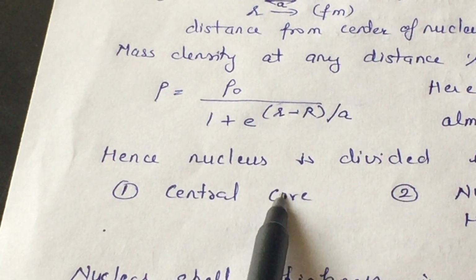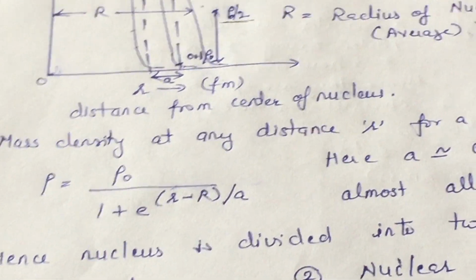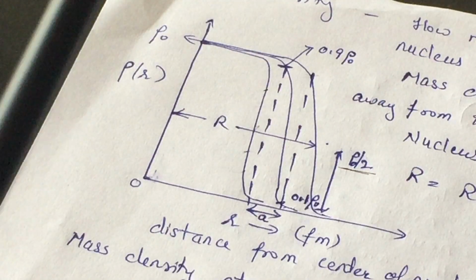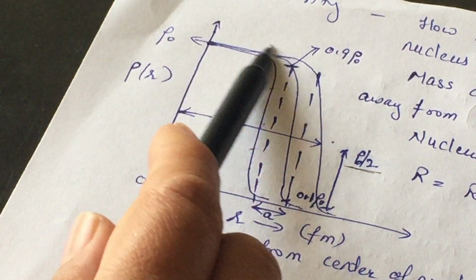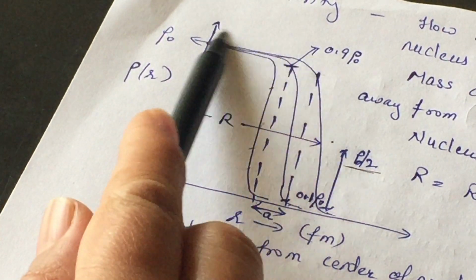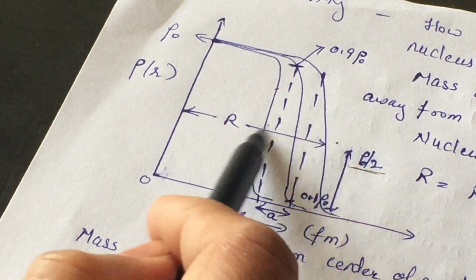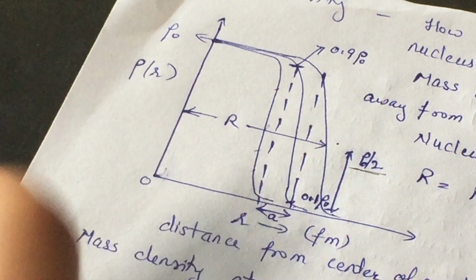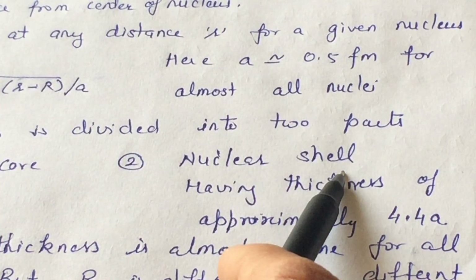The central core is the region where we get the mass density at very high values. After that, where the mass density decreases, this is represented by the nuclear shells.